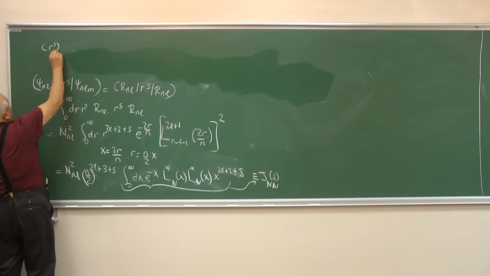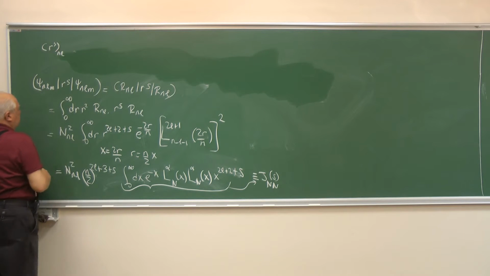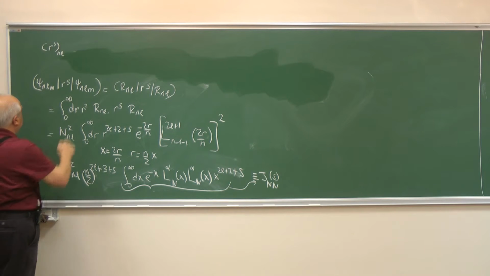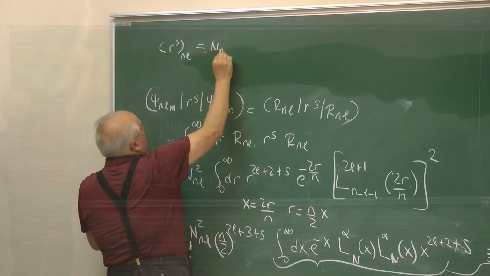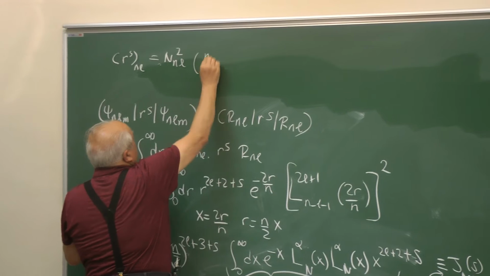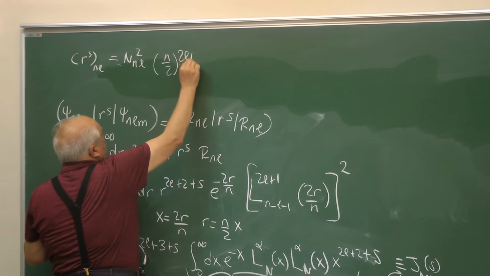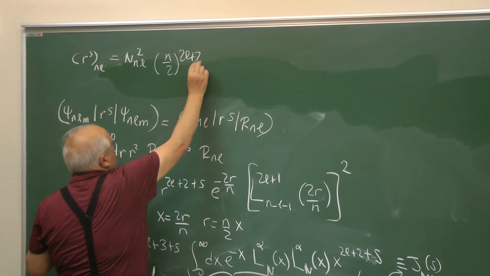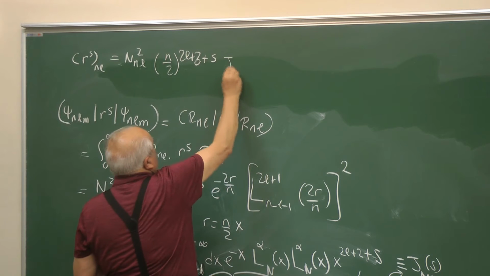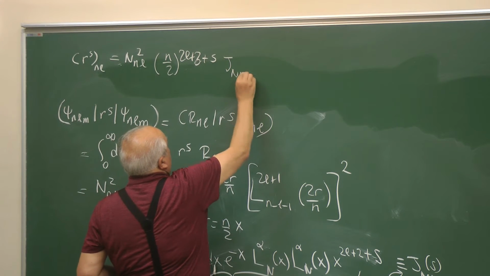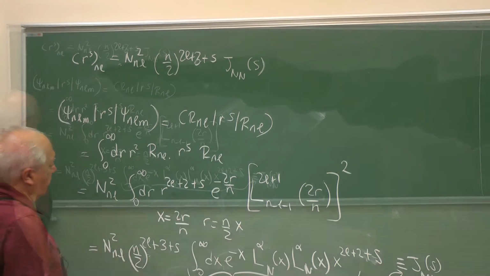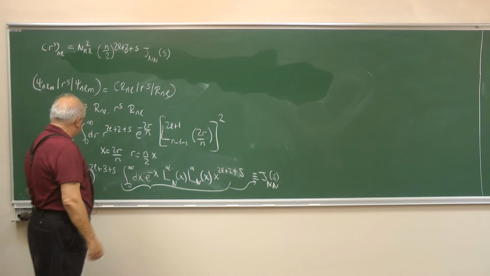The expectation value of r to the s in the state n l, for the short notation, is equal to N n l squared, n over 2 to the 2l plus 3 plus s, times J n of s. So we have to compute this integral.